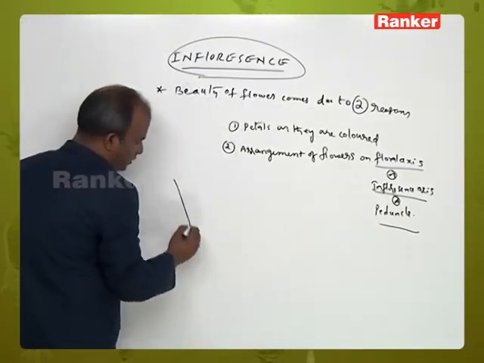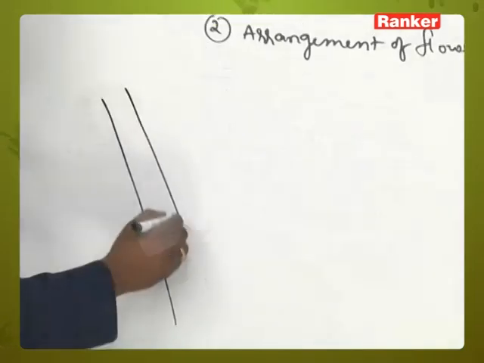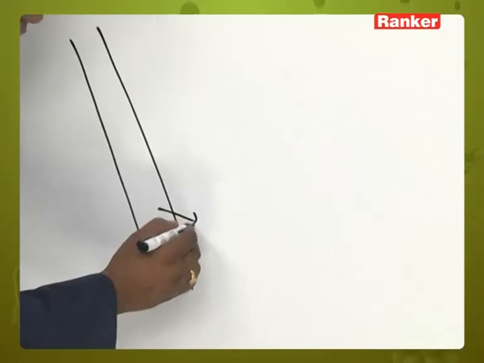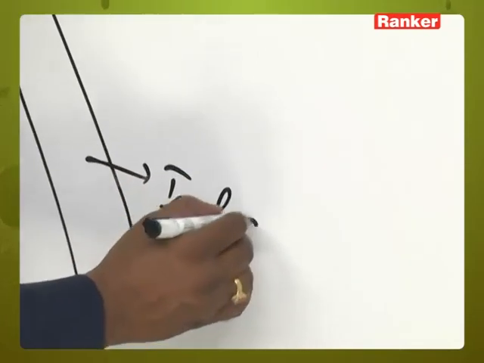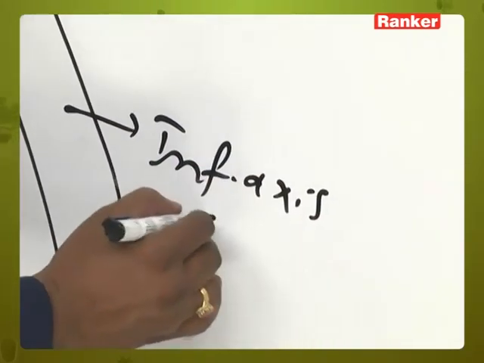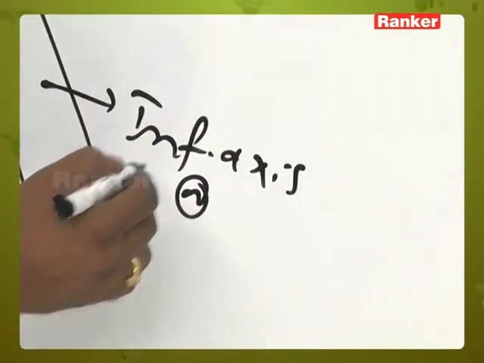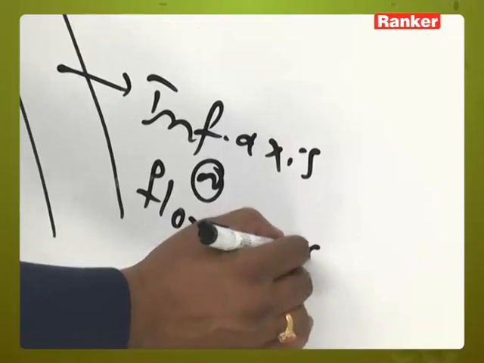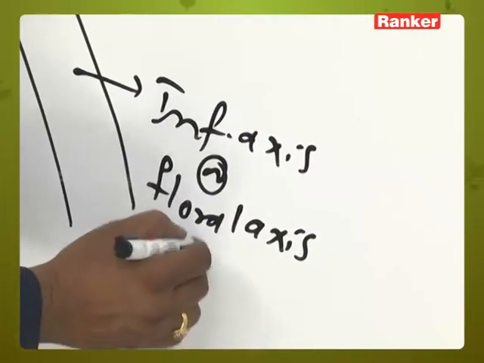Think this one is the inflorescence axis. Think this one is called as which one here? Inflorescence axis, or also called as a floral axis, or also called as a peduncle.